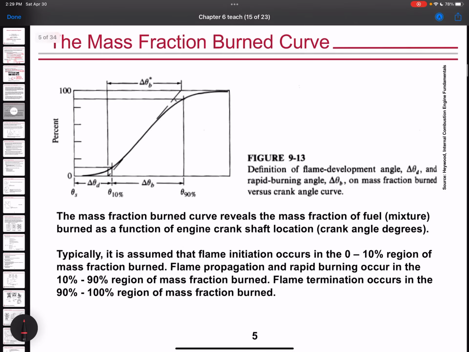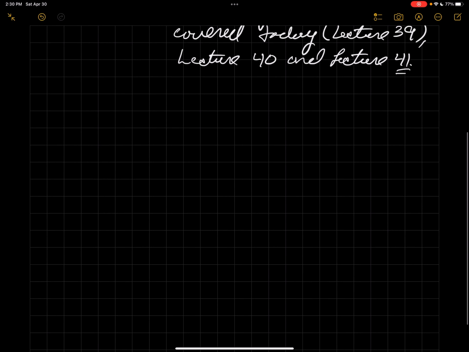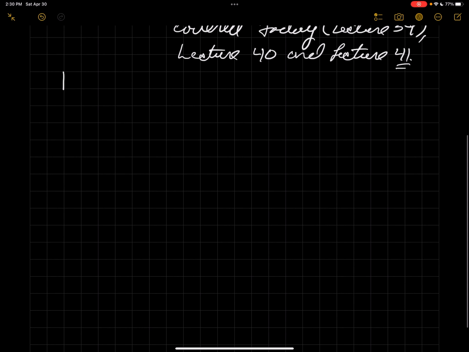Okay, so we can spend quite a bit more time talking about this mass fraction burn curve and providing some specific definitions about how we characterize it. So for this part, what I'm going to do is go to another set in my little notes here and draw out for you what we mean by this mass fraction burned, okay?